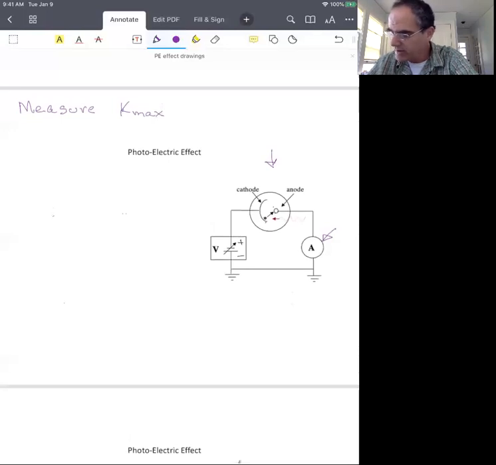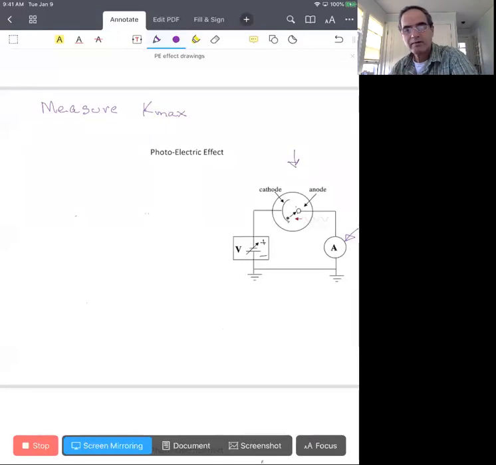Finally, we're going to add a voltage bias in this experiment. That is, we'll introduce the battery that's shown here. One second. So what's the point of the battery? Well, with the battery, we can do the following. Suppose that we apply the voltage in this sense so that the cathode is positively charged relative to the anode.